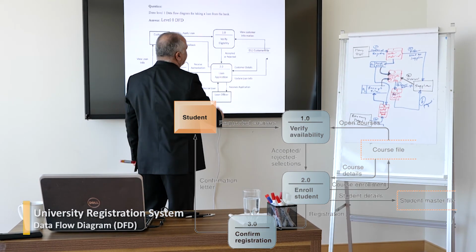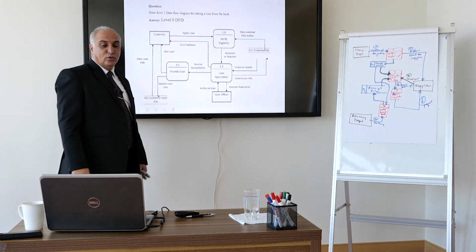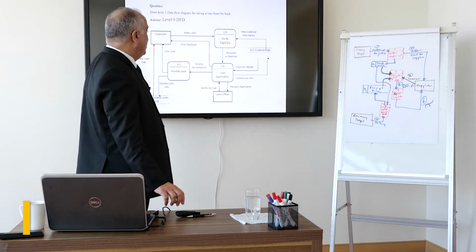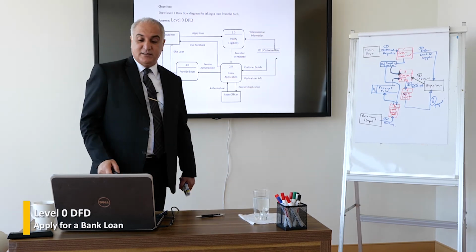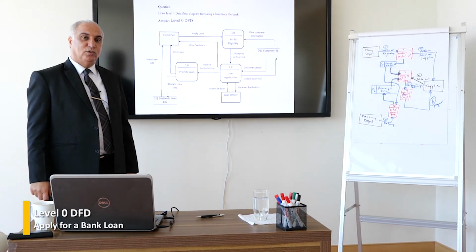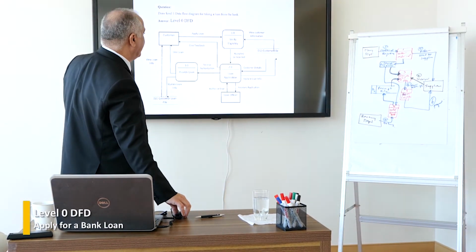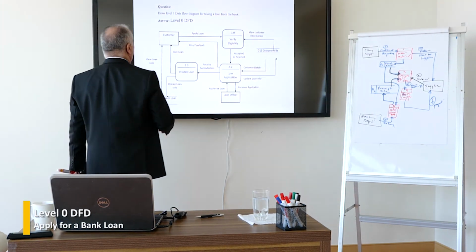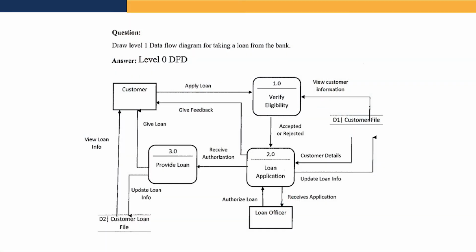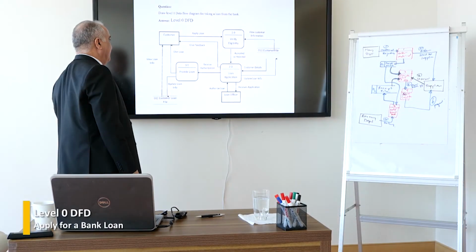Now, if you look in your strategic tool assignment, one of your assignments is to draw a level diagram for taking a loan from a bank. So this is one of the assignments that is required for you.